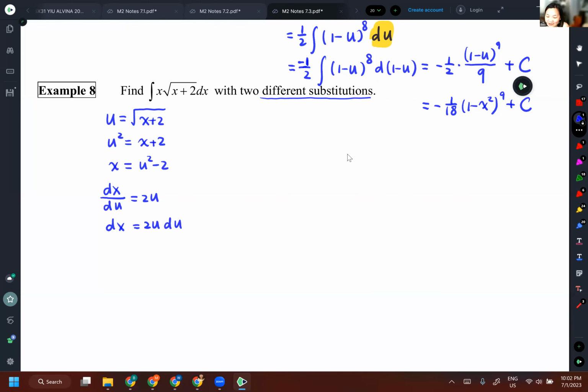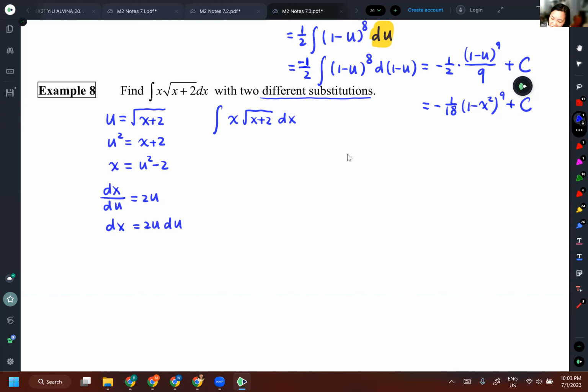Now I'm going to arrange my integral. Now it's x times the square root of x plus 2, dx, correct? I think so.